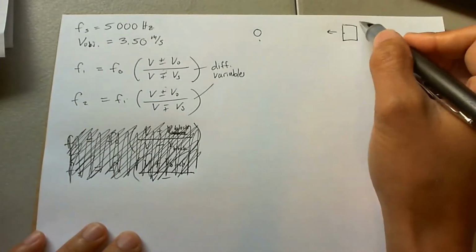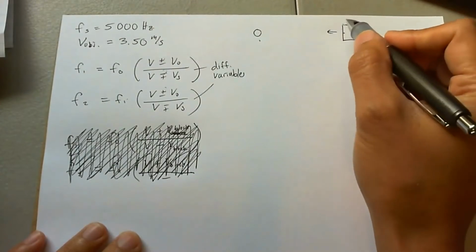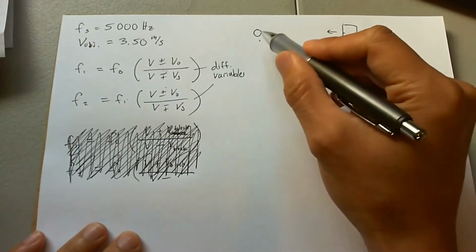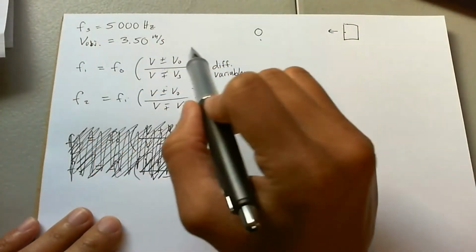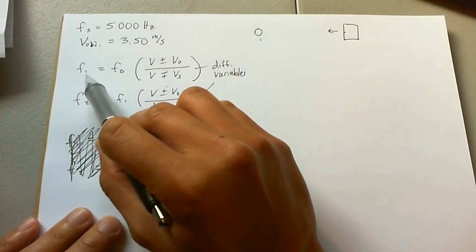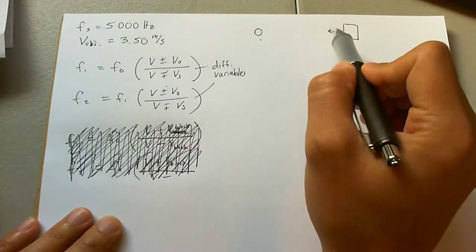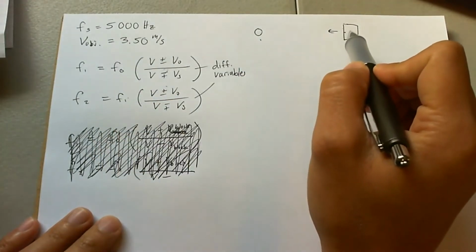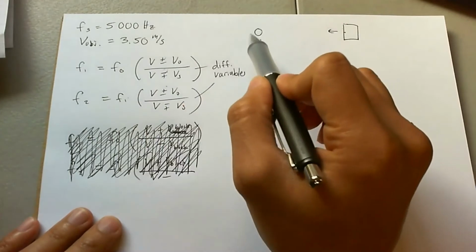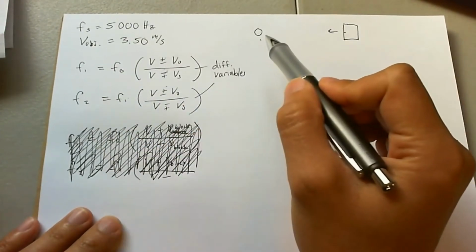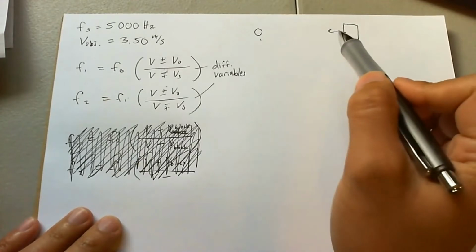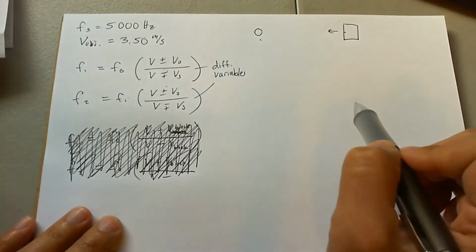The first part, the block is the observer, but the second part, the block is the emitter back to the final detector. So we use the Doppler effect twice. F1 in this case is going to be the frequency that the block hears before reflecting. F naught is going to be the original frequency of the sound. And then F2 is going to be the frequency that the emitter detects once it bounces off the block.